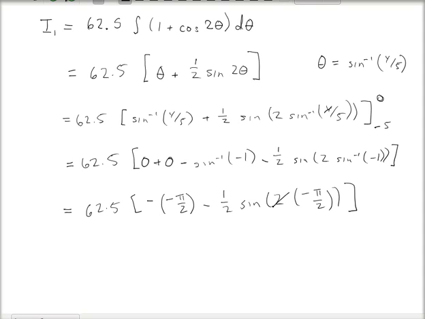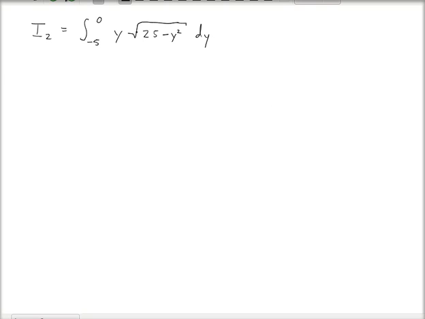So this is the sine of -pi, and that is actually 0, so that whole term goes to 0. And all I'm left with for my first integral is 62.5 times those two negatives makes a positive pi/2. So that's my I1.